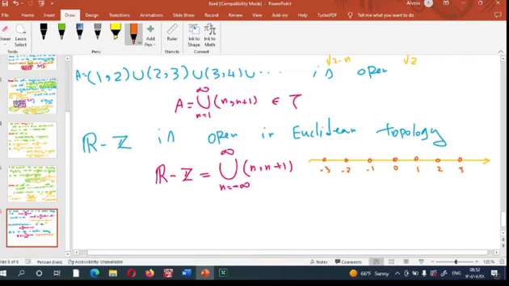If we omit these integers, we have these open intervals. So R minus Z equals this union, and this union is a union of intervals, and these belong to tau, so this set is an open set.